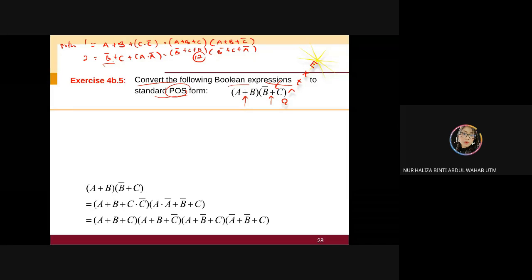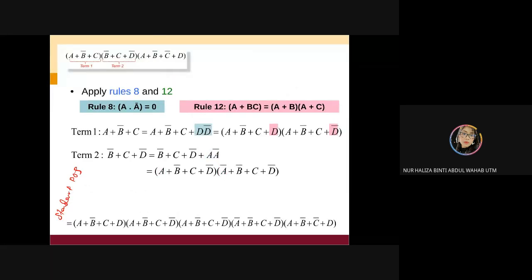If you still don't know how to get this, please refer back to the previous example. I already showed you like this.